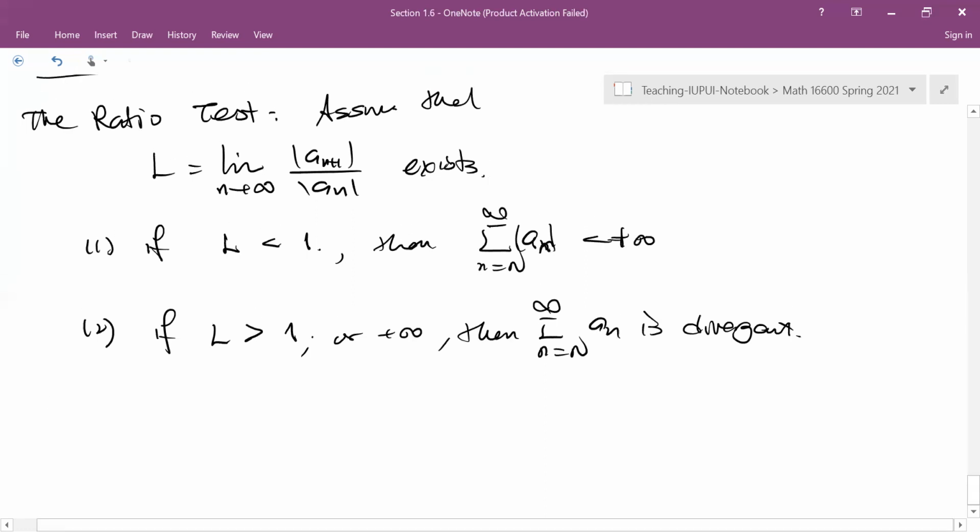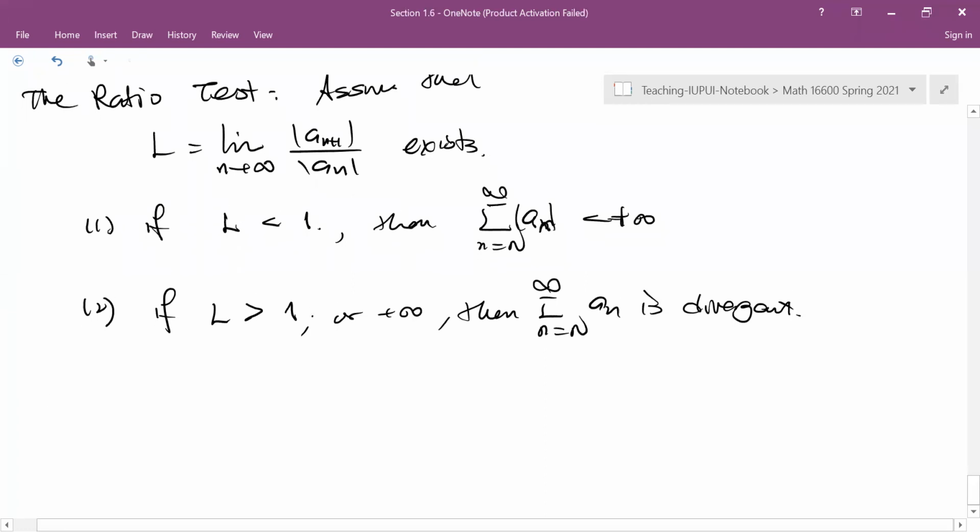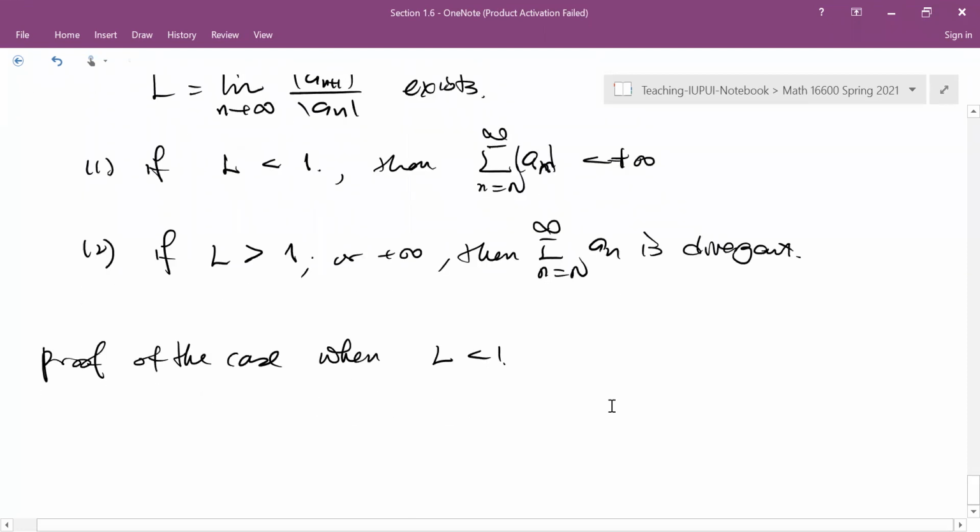Okay, the proof is simple. Let's say I'm going to prove the case when L is less than 1. Let me show you how to prove that.